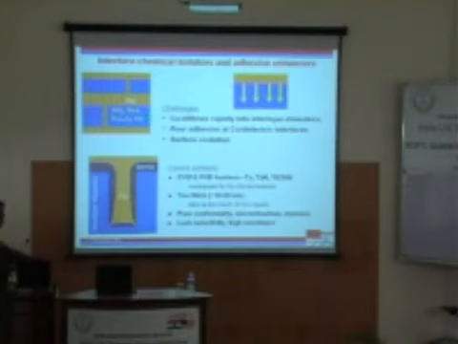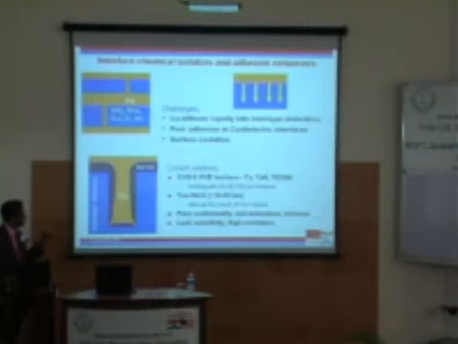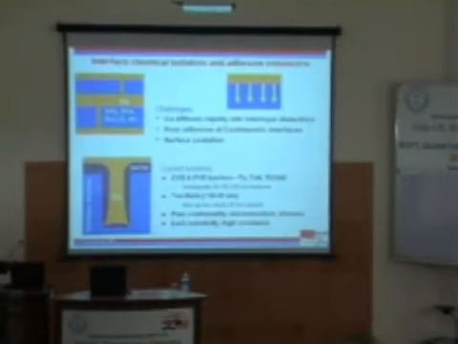Okay, how can we solve this problem, and do this by using a minimum amount of material? This will cease to be a nano device if I need to put a micro layer in between to isolate it. Or even let's say this dimension is of the order of 45 nanometers, and the diffusion barrier layer that I need to put in is going to be 10 nanometers, that is a large amount.